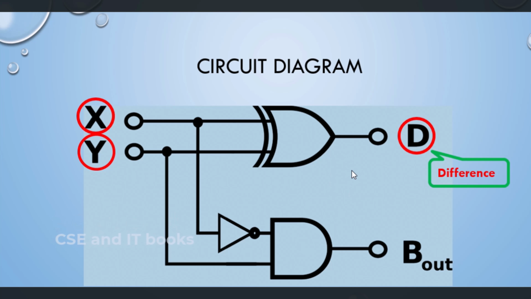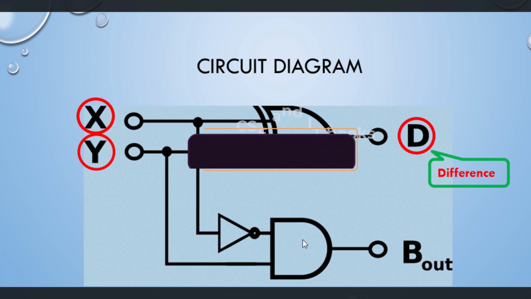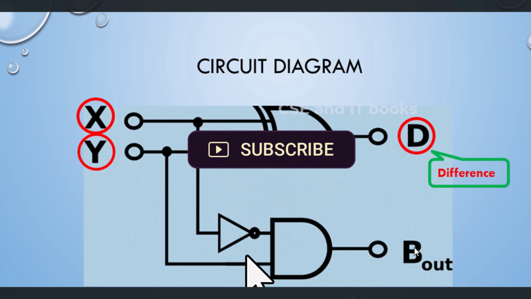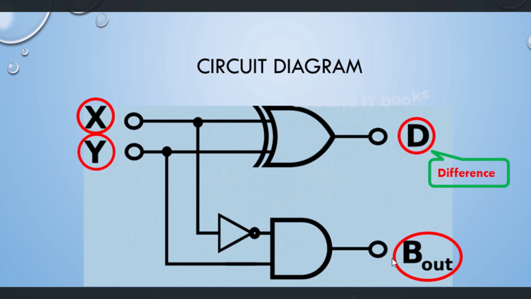Now, for the second output, we invert the input of the x using a NOT gate and take the y input, and using an AND gate, we get the second output, which is B out, which is the borrow output.